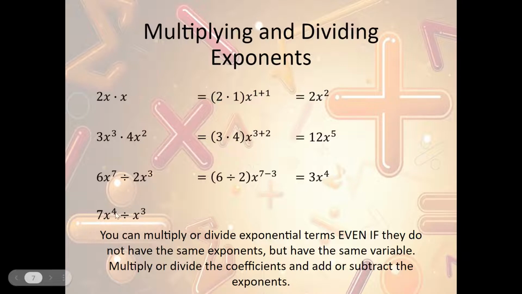Now here we have 7x to the fourth divided by x cubed. Again, we divide 7 divided by 1, which is 7, and x to the 4 minus 3 is the first power. And whenever it's the first power, we don't need to put it there, so it's just 7x.